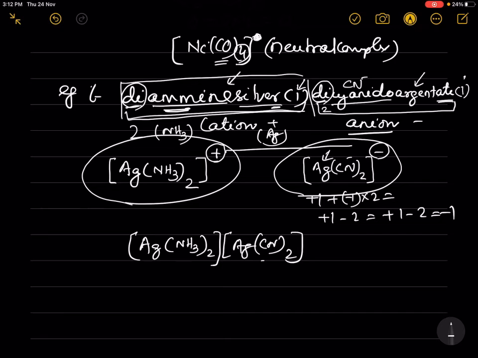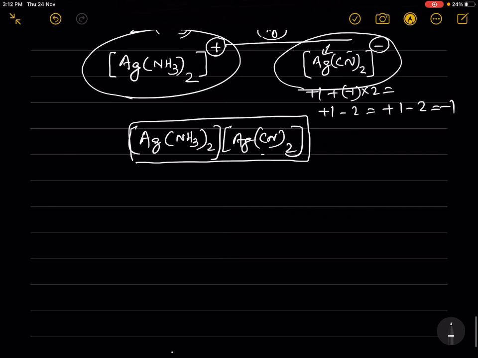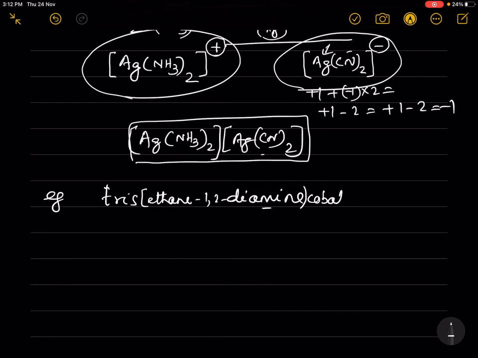Let us do another one. Tris(ethane-1,2-diamine), single M is written over here, and the bracket ends, cobalt(III) sulfate.